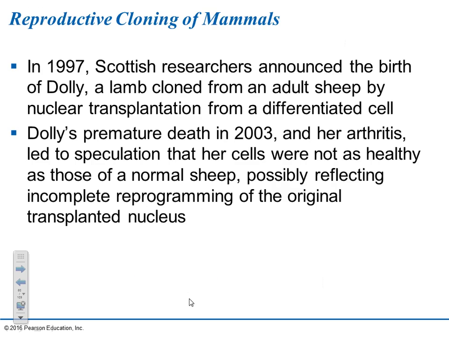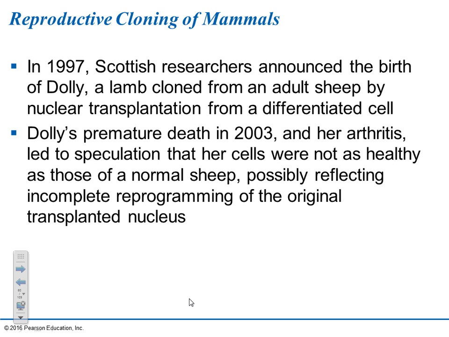1997, the first reported cloning of a mammal. Same deal, take an egg, knock out the nucleus, take a nucleus from another sheep, put it in that egg, give it the right mix of chemicals to make it go, and it develops into a clone, an exact copy genetically of that sheep.